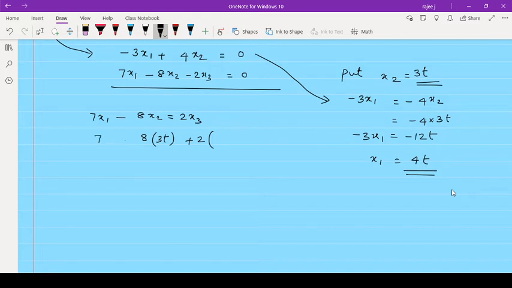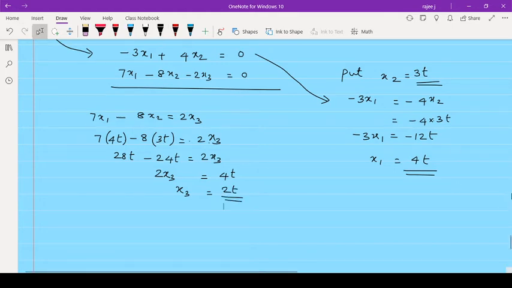So 7 into x1, 4t, minus 8 into 3t, is equal to 2x3. 7 fours are 28t minus 8 threes are 24t is equal to 2x3, or from here 2x3 is equal to 4t, or x3 is equal to 2t. So x1, x2, x3 we got.